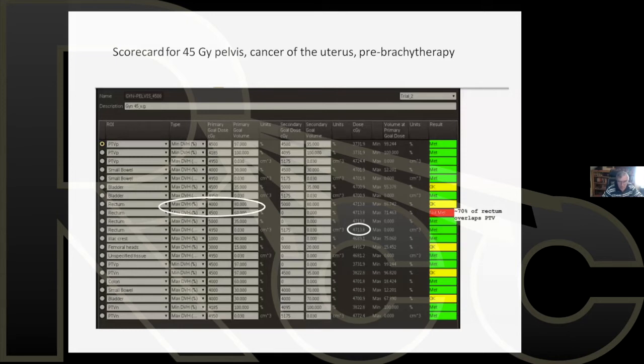The doctor overruled this constraint because to keep within it would have sacrificed dose where it was needed the most. So that's why it turned red. But every time there's a red area where the objective is not met, we are required to put a note in, and the doctor approves the treatment.